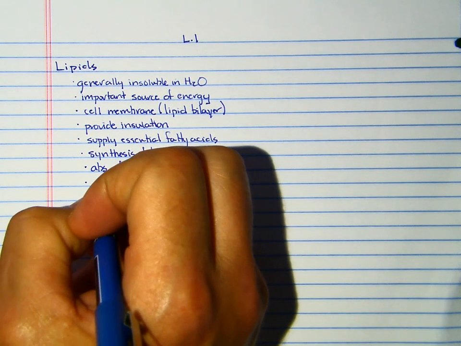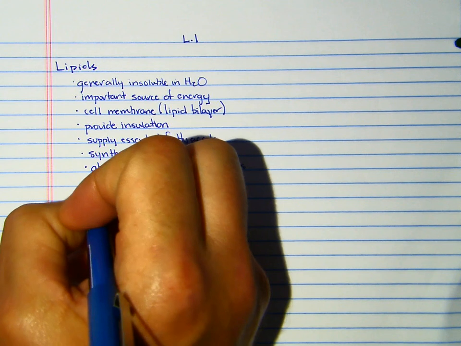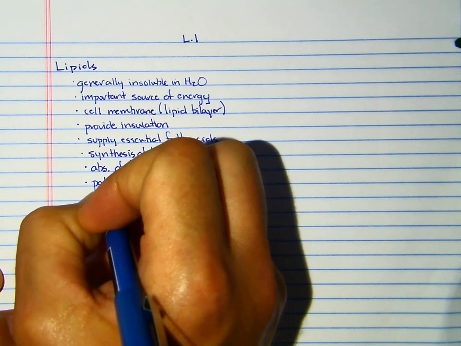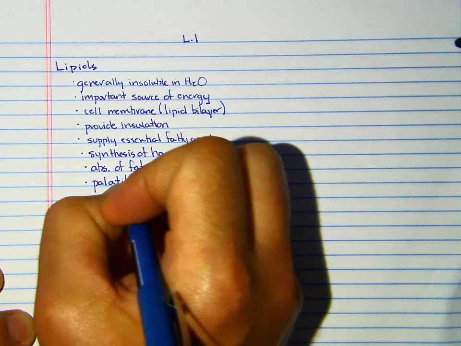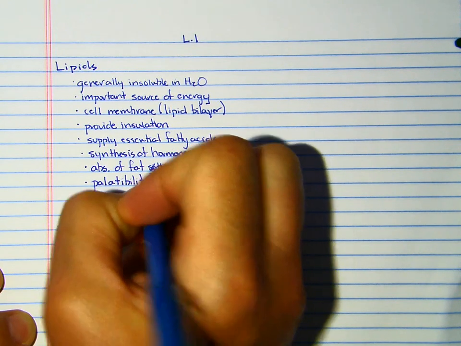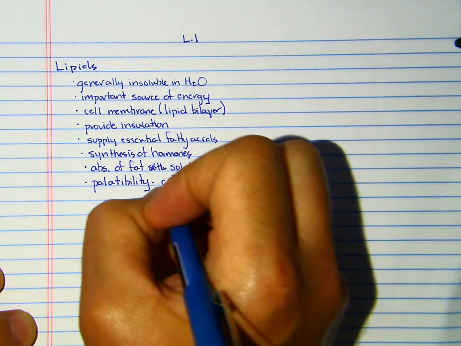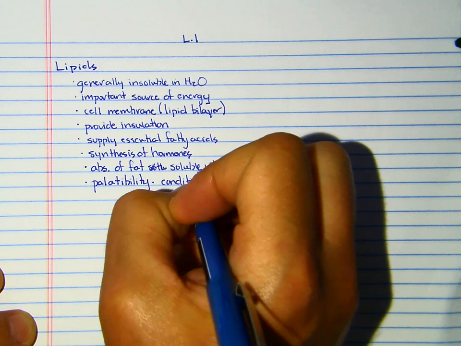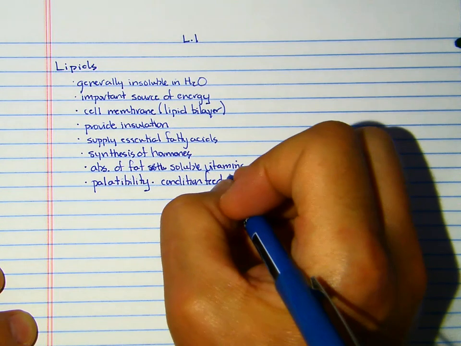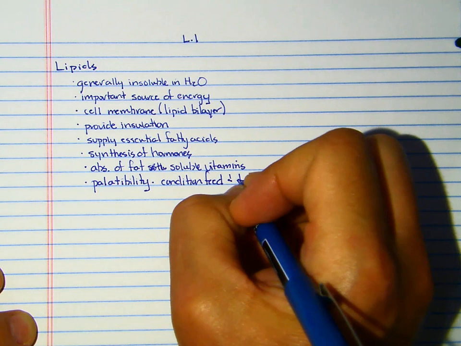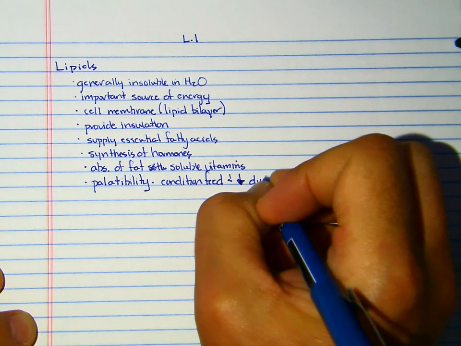Horses and cattle don't maybe like them as much. Cattle for sure don't, but they're important for palatability. And we use them sometimes to condition feed. Makes the feed bright and shiny and decreases dust.